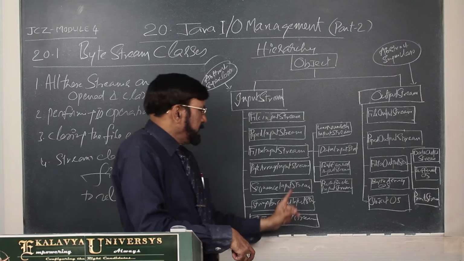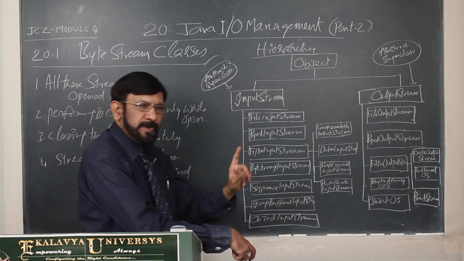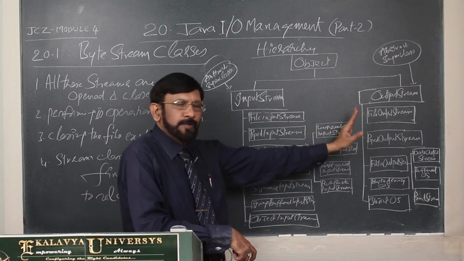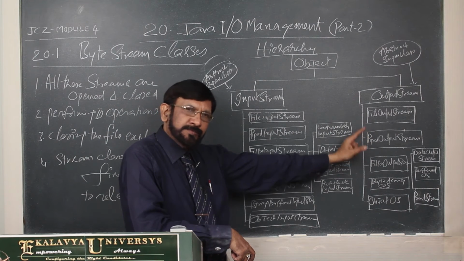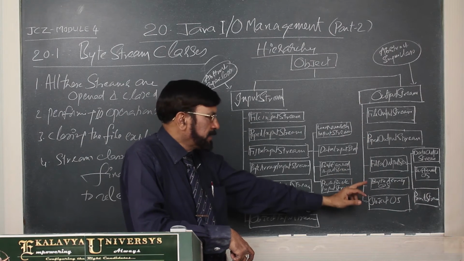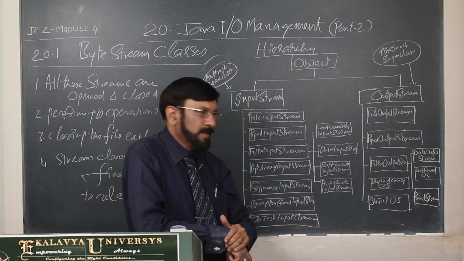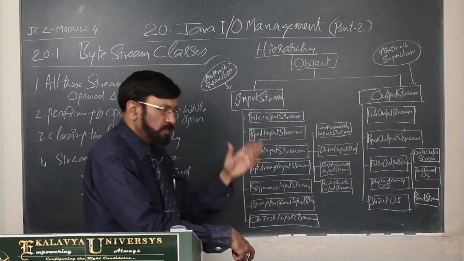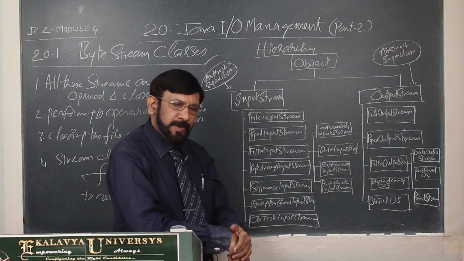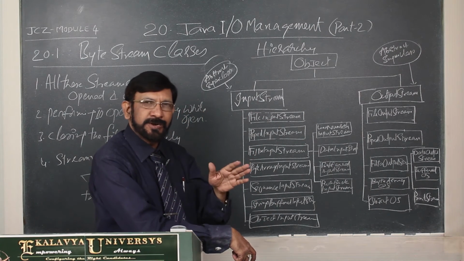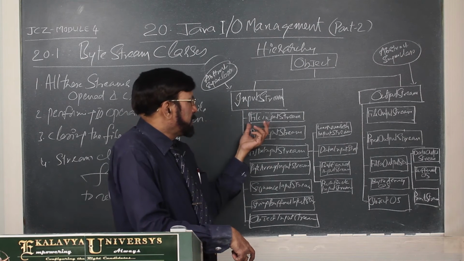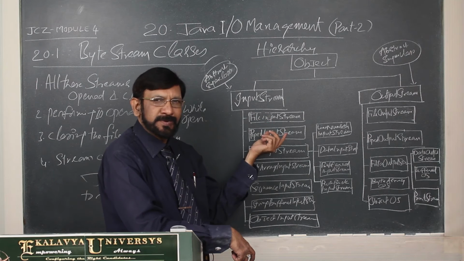For most input stream classes, you can find a corresponding or complementary output stream class. Okay. So, first have a look at that and go through the names once. Once you go through, they are registered, you can have some abstract idea over that. Most names are self-explanatory.